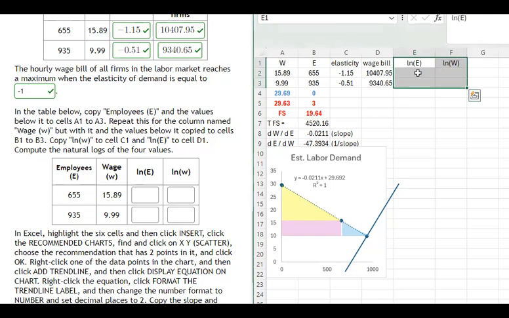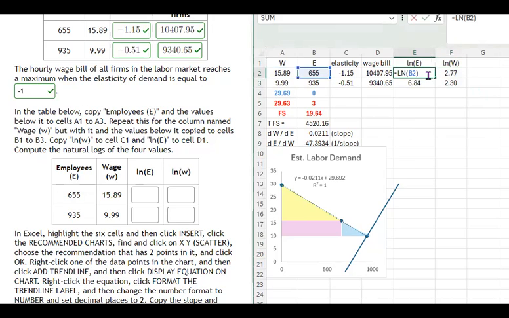We're going to estimate the elasticity using simple regression, a scatter plot with a trend line, a best fit line, right? We're going to take the natural log of the employment level, and then we're going to take the natural log of the wage, right? And we're going to drag these two down to get all four of them simultaneously.